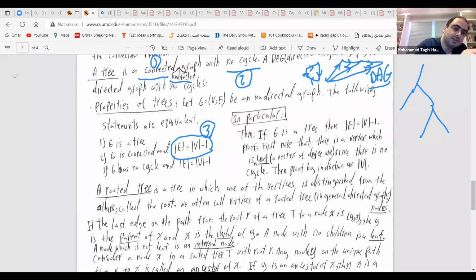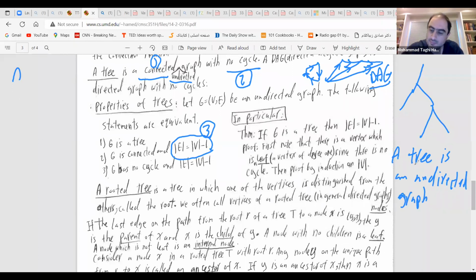So a tree, let me just write, is an undirected graph with 2 out of 3 conditions above.